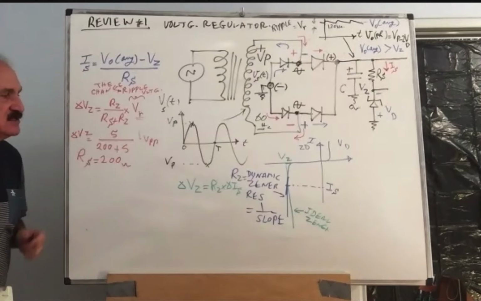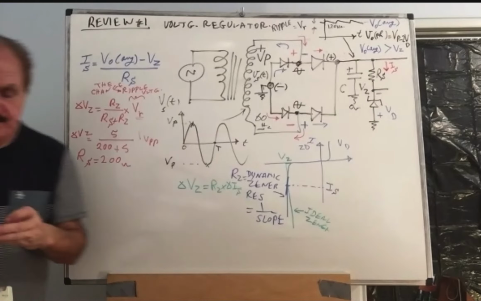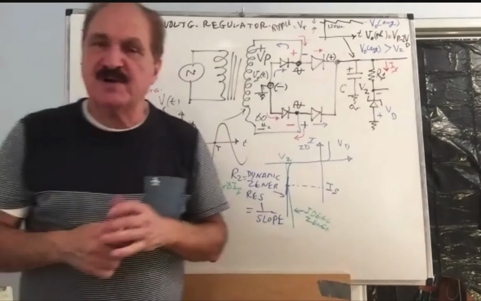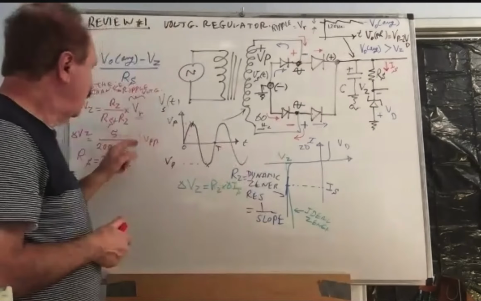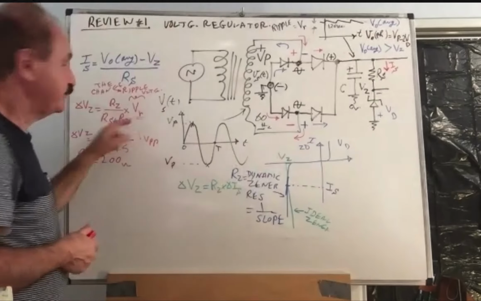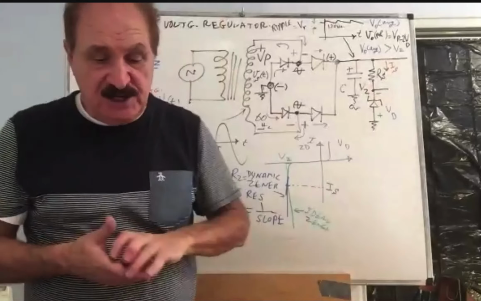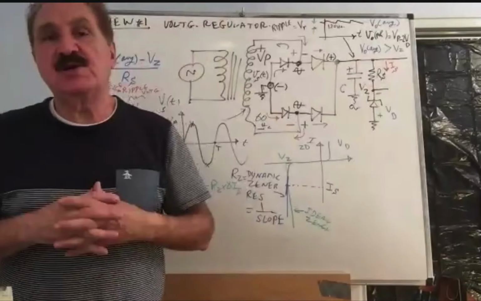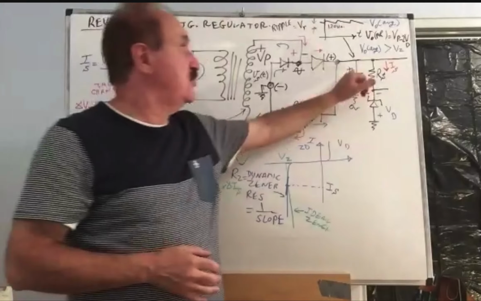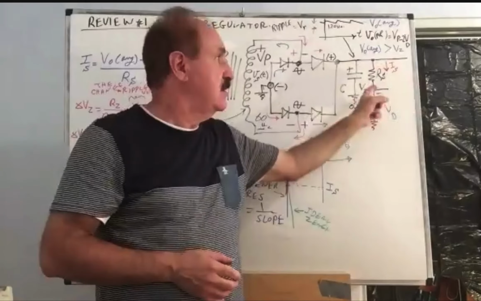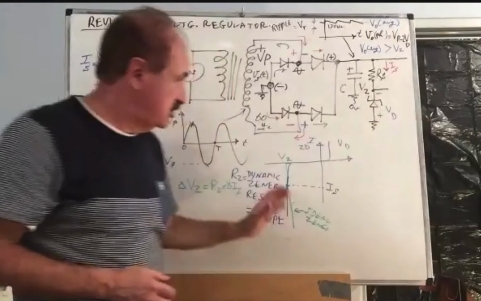So we can see that 5 over 200, that's only 2.5% of the ripple. So your Zener diode managed to reduce the capacitor ripple considerably by virtue of that Zener resistance.